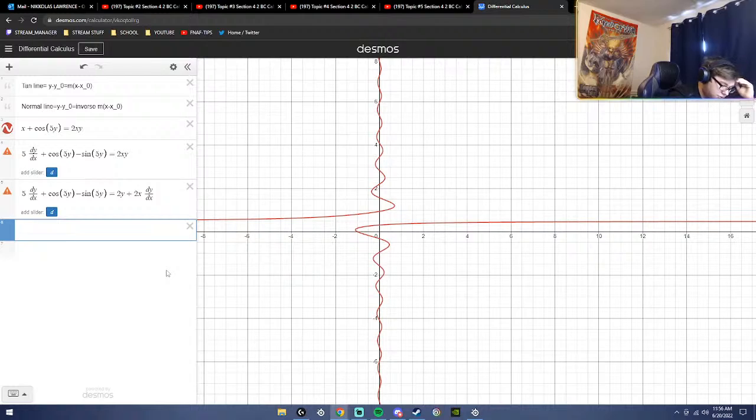So then, what I'm thinking of doing is we would subtract the 2x dy/dx. So then we get 5 dy/dx minus 2x dy/dx is going to equal negative cosine of 5y plus sine of 5y, because I'm trying to get dy/dx to itself, so I subtracted the cosine from both sides and I added the sine to both sides, and then plus 2y.